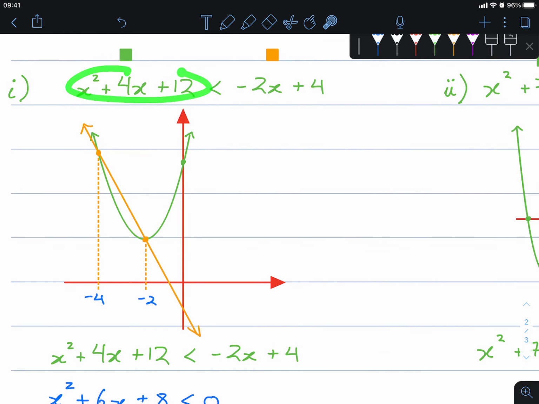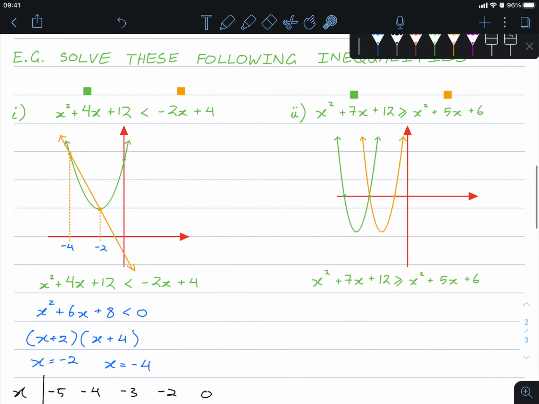And it's saying that this parabola is less than this straight line or below the straight line from negative 4 to negative 2. If we go beyond negative 2, we can see that the parabola is bigger or above the straight line. And same goes for here. Anything to the left of negative 4, the parabola is now above the straight line.